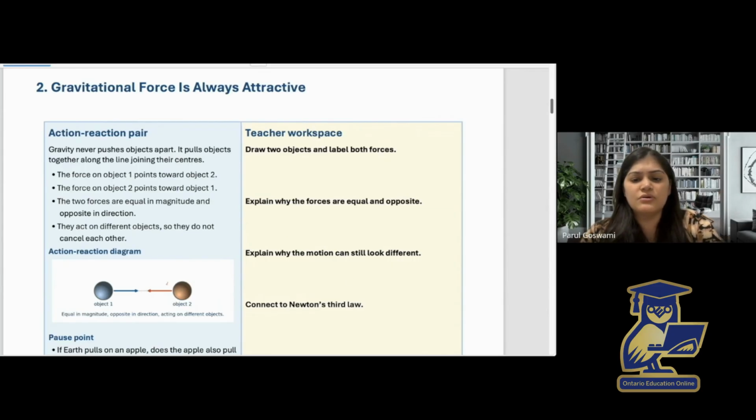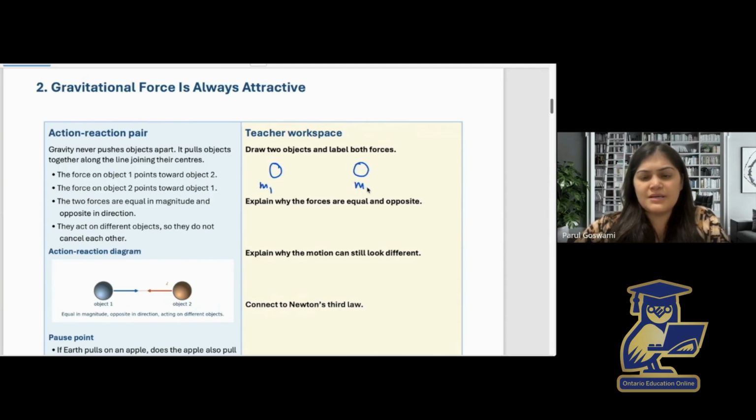So let's draw. This is mass m1, this is mass m2. Now object 1 will pull object 2 towards itself. This is how it exerts force on m2, so m2 would have the tendency to get attracted towards m1.